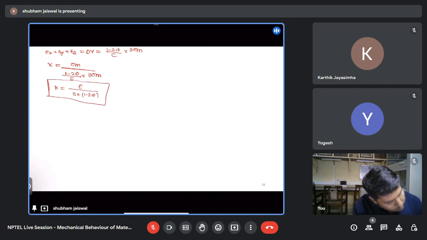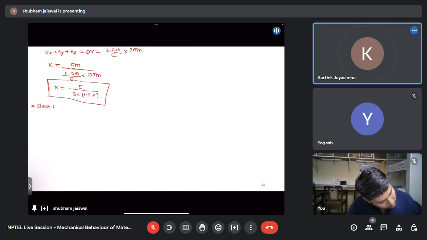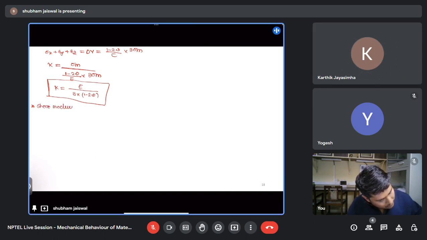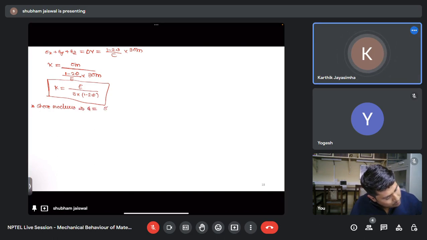So if we know the value of modulus of elasticity and Poisson's ratio, we can easily calculate the bulk modulus of that material. Similarly, we came across the concept of shear modulus, denoted by letter G, and it is defined as the ratio of shear stress to shear strain.